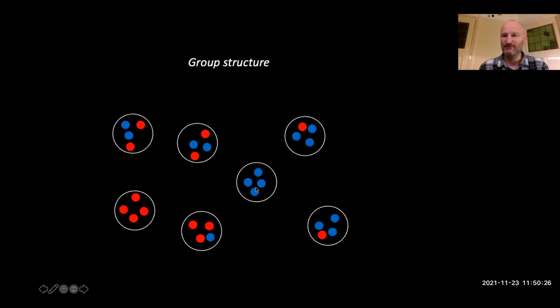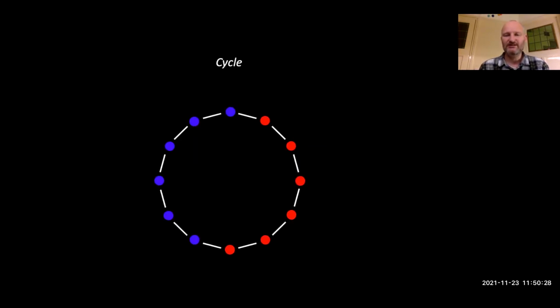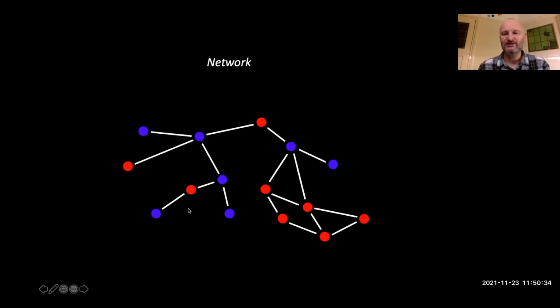So the first is population structure, and that can be group structure. There can be stylized structures like the cycle, or it can be a structure like a network. And what all of these structures have in common is that they are deviations from a well-mixed population.